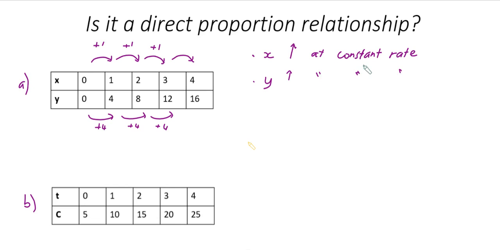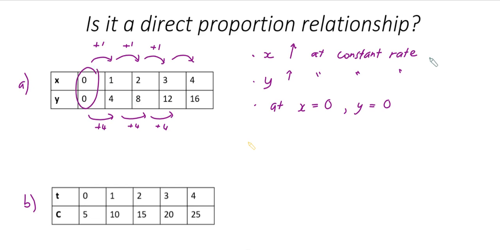So that's nice. And then our last little check is if it passes through the point 0, 0. In other words, at X equals 0, does Y equal 0? We can find that from the graph. At X equals 0, Y does equal 0.